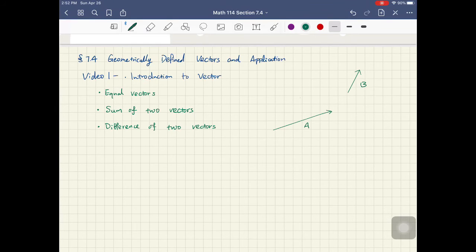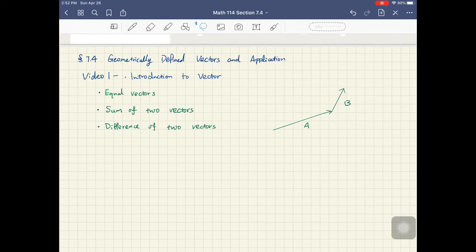For example, I have two vectors, vector A and vector B. If I add them head to toe, connecting A and B together, I'm not going to get a straight line, because it will bend somewhere in the middle. So we cannot simply put them together to get the sum of A and B.